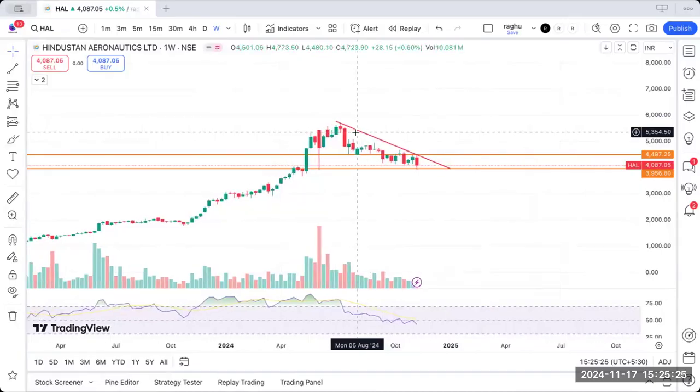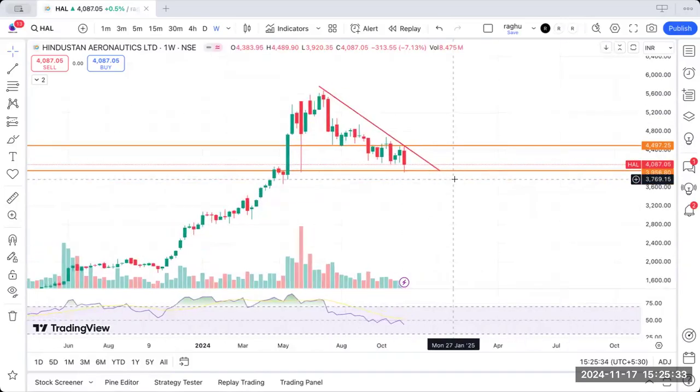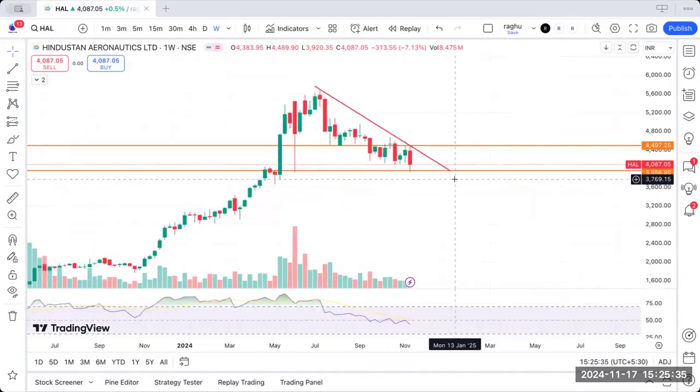Now, the opportunity for shorting or buying the stock is completely based on the price action. Now we know what our range is. So let's mark the range based on our price action view. Then we will go to the next step.